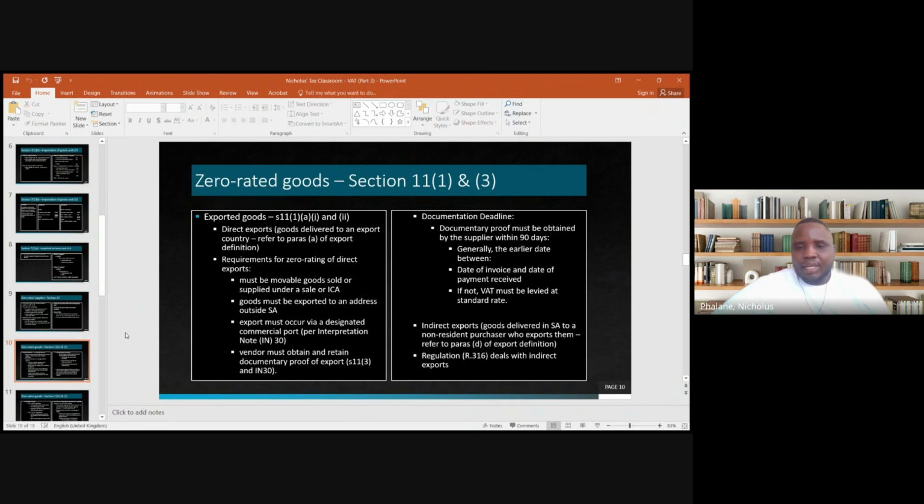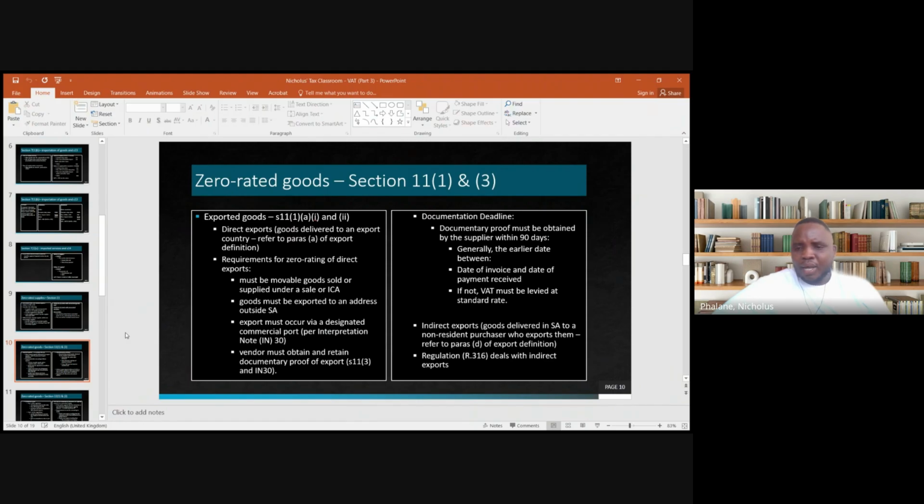All right. Then let's look at indirect exports. What are indirect exports? It's when goods are delivered in SA to a non-resident purchaser who exports them, right? So basically this non-resident would be in SA at the time of purchasing these goods, and then they're going to leave with these goods, all right?